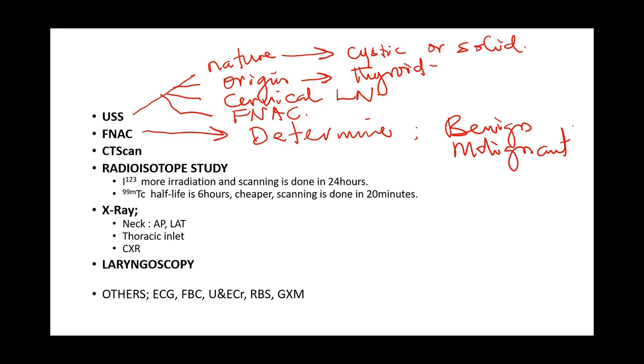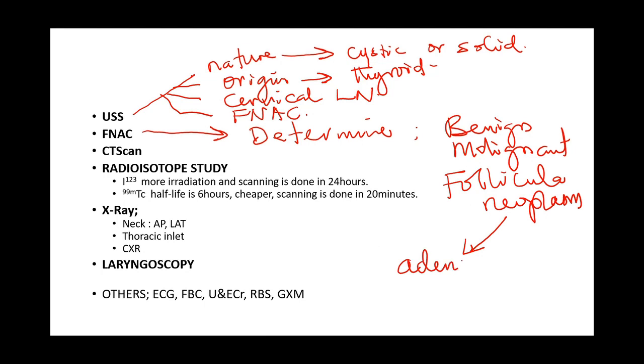However, you should know there are some limitations for evaluating a goiter with fine needle aspiration cytology, especially for follicular neoplasm. Follicular neoplasms are either adenomas, that is benign, or carcinomas.